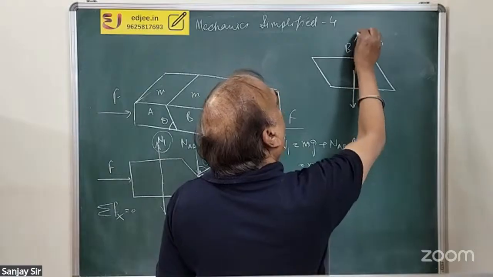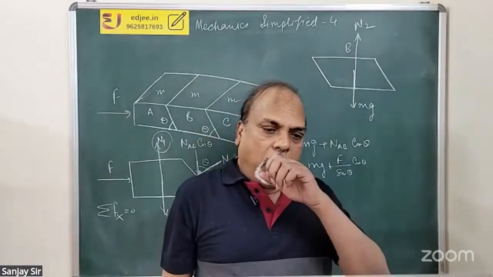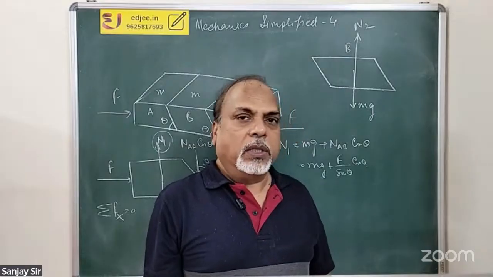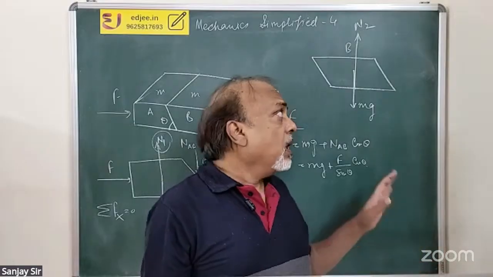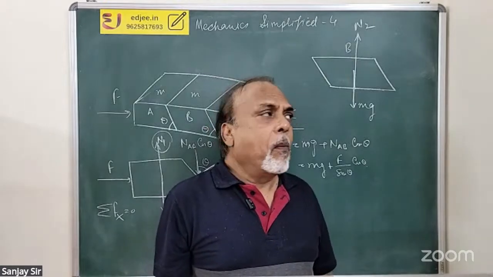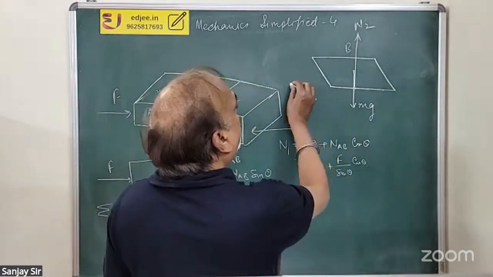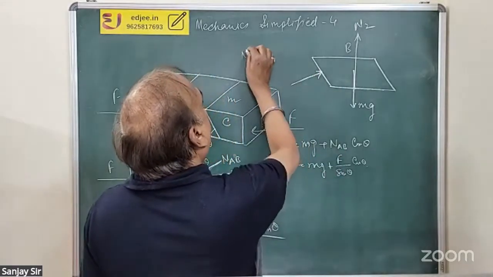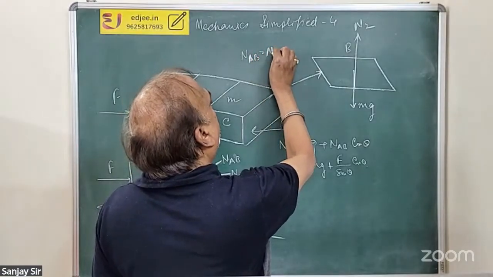Here again, suppose it is N2, the normal reaction, because those reactions will not be the same. N2 and mg. What about this? This will basically be NAB, which is nothing but NBA.